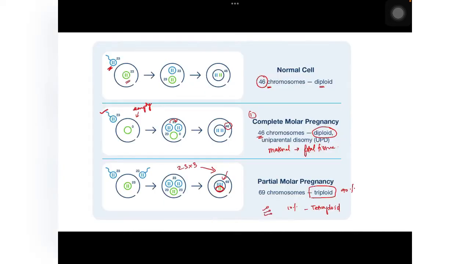That is what happens in each cell of the body also. You need both maternal and paternal chromosomes in equal number to have a normal viable pregnancy. Whenever the mother's chromosomes are absent or there is domination of the male, just like in life, it's not going to work out, and it's not going to work out in pregnancy also.